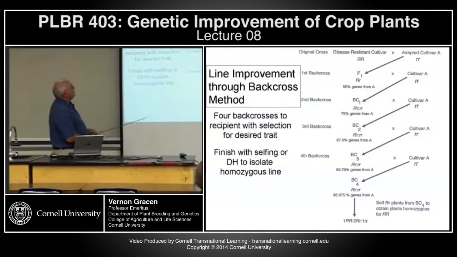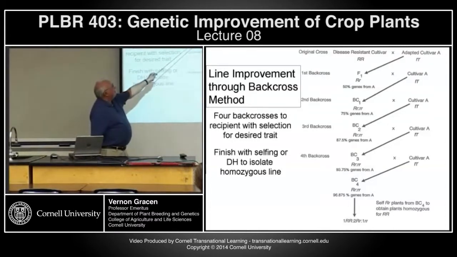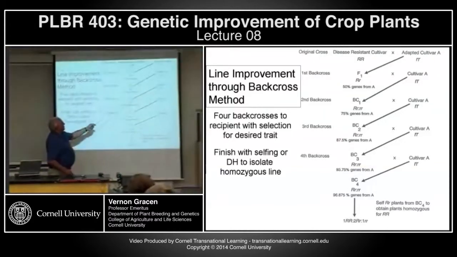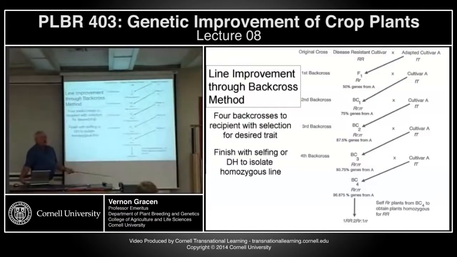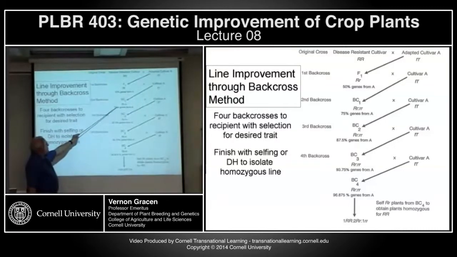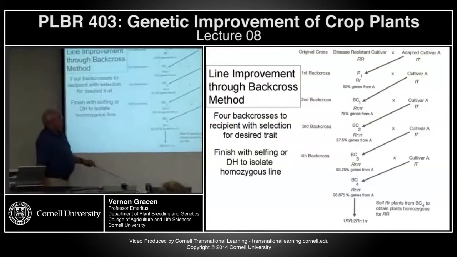The process is you cross a disease-resistant cultivar by an adapted cultivar. You produce the F1 that's heterozygous for the resistance gene. You backcross it to your desirable cultivar that had no resistance gene. The backcross 1 carries 75% of the genes from that desirable cultivar.